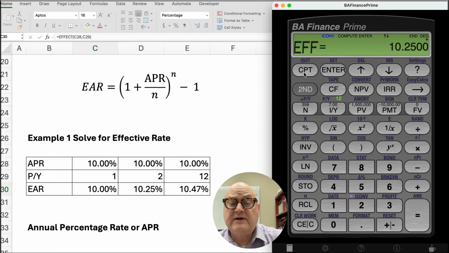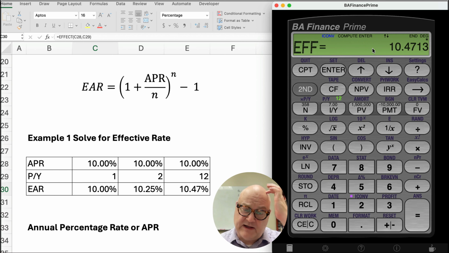If we say the compounding frequency is 12, then enter, and then the effective is going to be 10.47. So always we enter the nominal and then the periods per year, or the compounding frequency per year, and we'll get the effective rate. Now, with this menu, we can reverse it and just do the opposite here. So it's going to be easy to do.